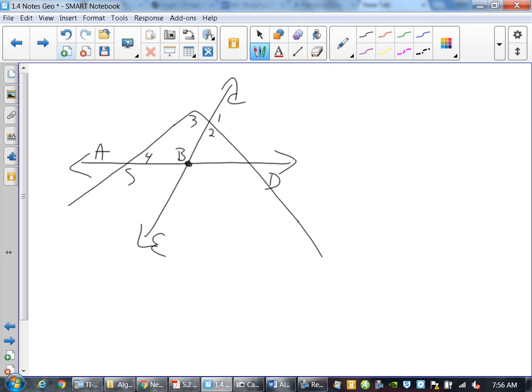Eventually we'll do some math to figure that out. But generally speaking, angles are written with capital letters, 3 letters, and the middle one is always the vertex. If we keep that straight, we're going to be fine. All right?